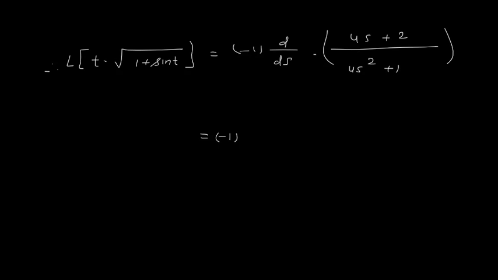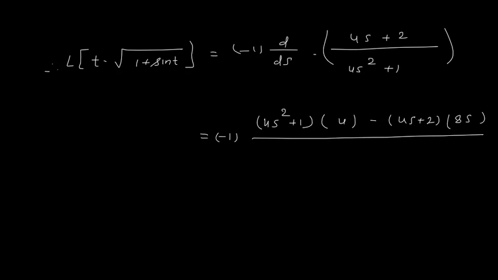The u upon v rule is, first we will write v, which is 4s square plus 1, then we differentiate u, 4s plus 2, which gives me the value 4, minus I will write 4s plus 2, and I differentiate this 4s square plus 1, it gives me 8s, and whole divided by 4s square plus 1 the whole square.